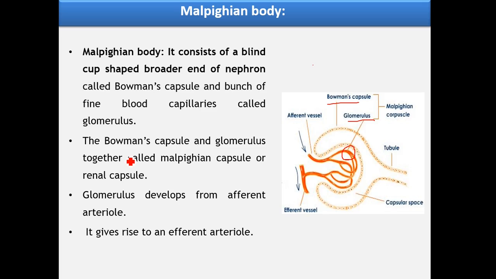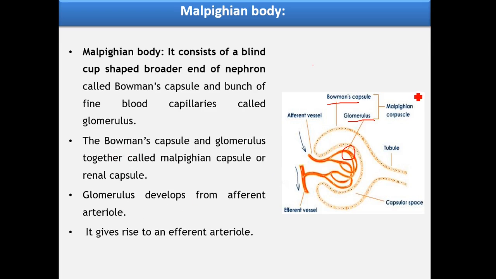We all know that the renal artery carries blood to the kidneys, and in the kidney it divides again and again into many branches, and finally it forms small blood arterioles called afferent arterioles.